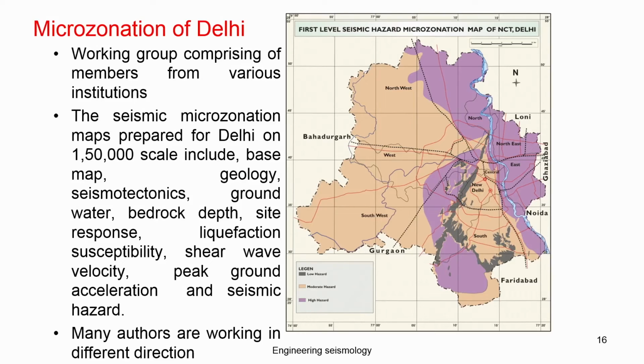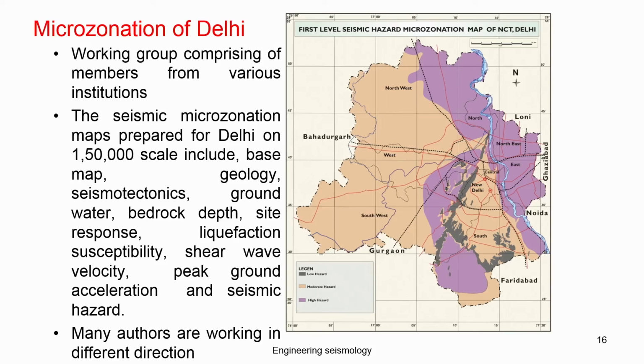As I told you, IMD and other institutes also worked on this. Finally, they created a liquefaction microzonation map of Delhi, which includes hazard analysis, site characterization, soil data, site response and liquefaction.